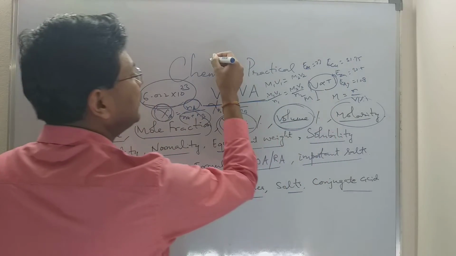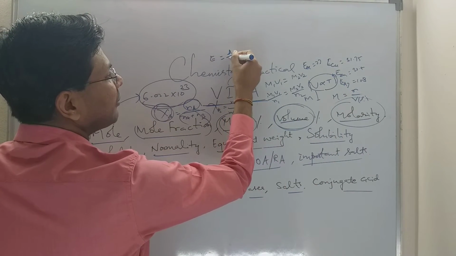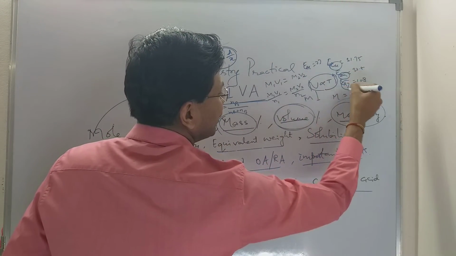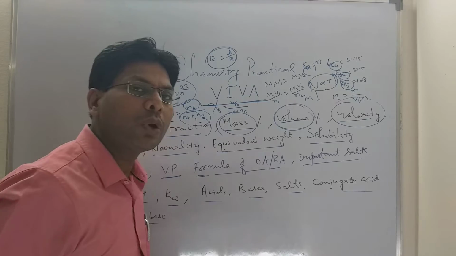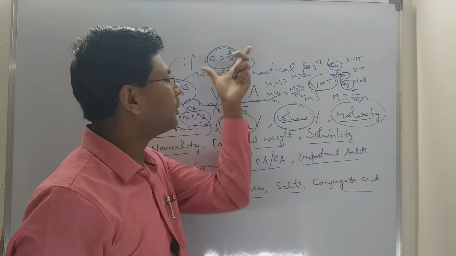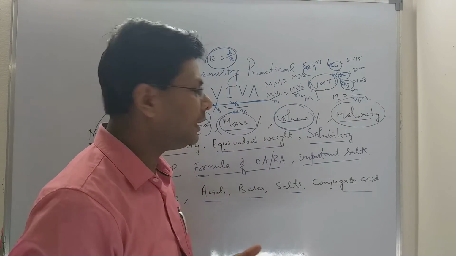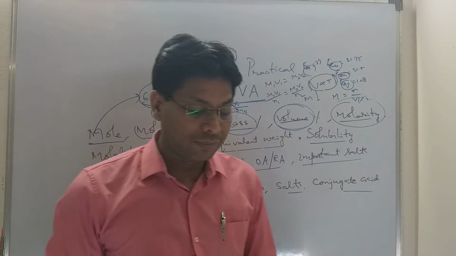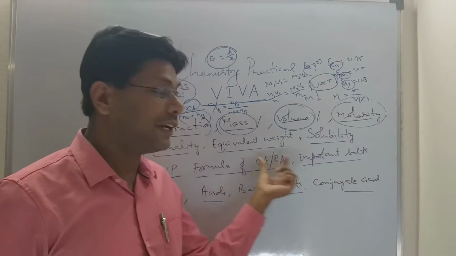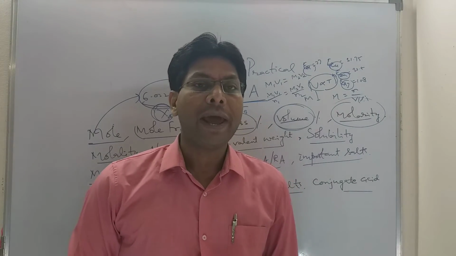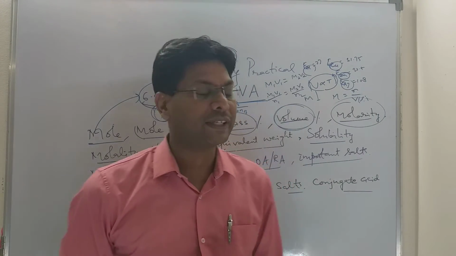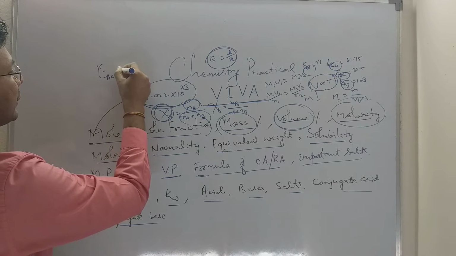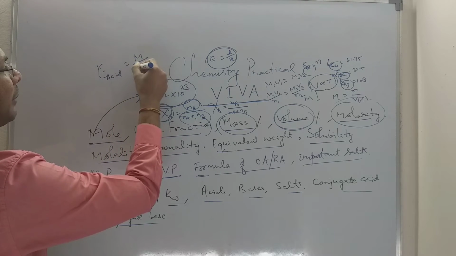So how will you determine it? Equivalent weight is atomic weight by valency. The valency of copper is 2, zinc is 2, silver is 1, aluminum is 3. Keeping the simple formula equivalent weight equal to atomic weight by valency, you can simply find out. But in a chemistry lab you will be asked the equivalent weight of oxidizing agent, reducing agent, salts, acids, bases, etc. Keep in mind that the equivalent weight of acid is equal to molecular weight by basicity.